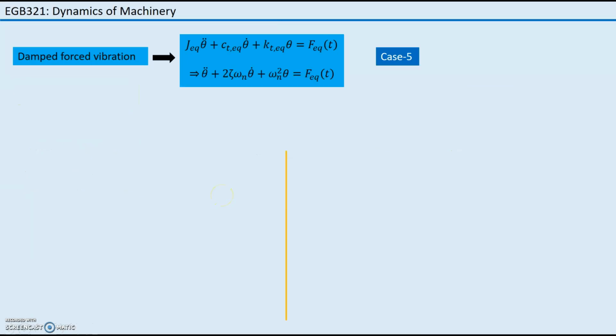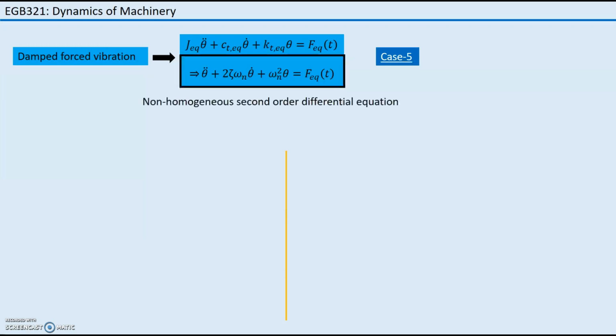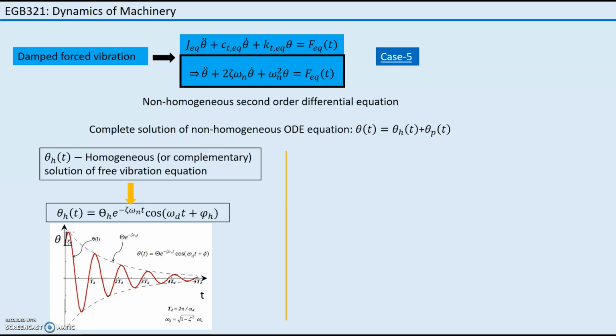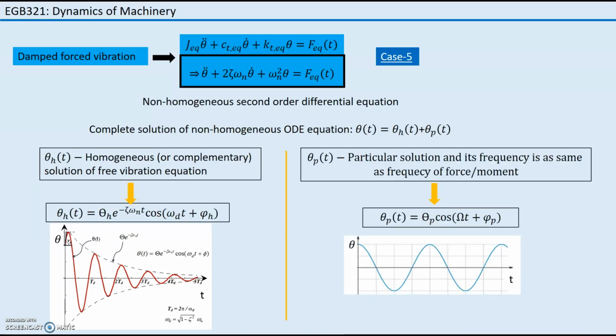The next case is forced damped vibration, where the equation we get is a non-homogeneous second order differential equation, and the solution of this equation is the summation of theta h and theta p. Theta h is the homogeneous or complementary solution of the free vibration equation, and theta p is the particular solution, whose frequency is the same as the frequency of the force or moment.